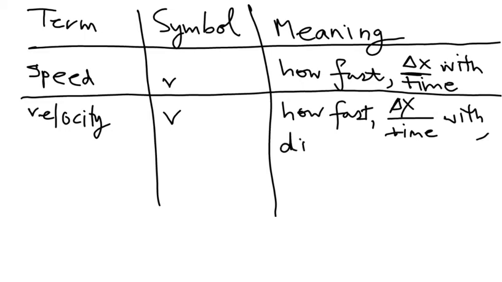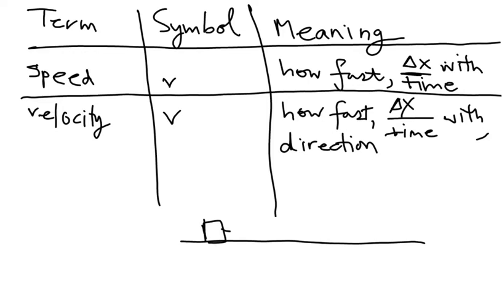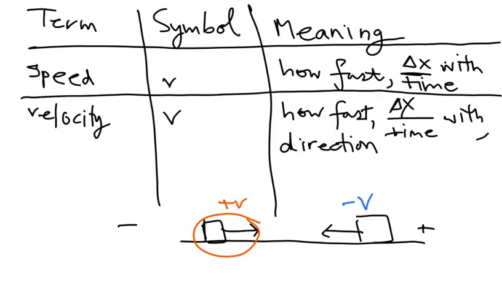What I mean by that is that if you have a little car heading to the right, and you decided that in your universe to the right is positive and to the left is negative, then this car right here has a positive velocity. On the other hand, if there's a different car, and you can see my amazing artistic skills, everything I draw is a box, but they're all cars or people, since it's heading to the left towards the negative, it's going to have a negative velocity.